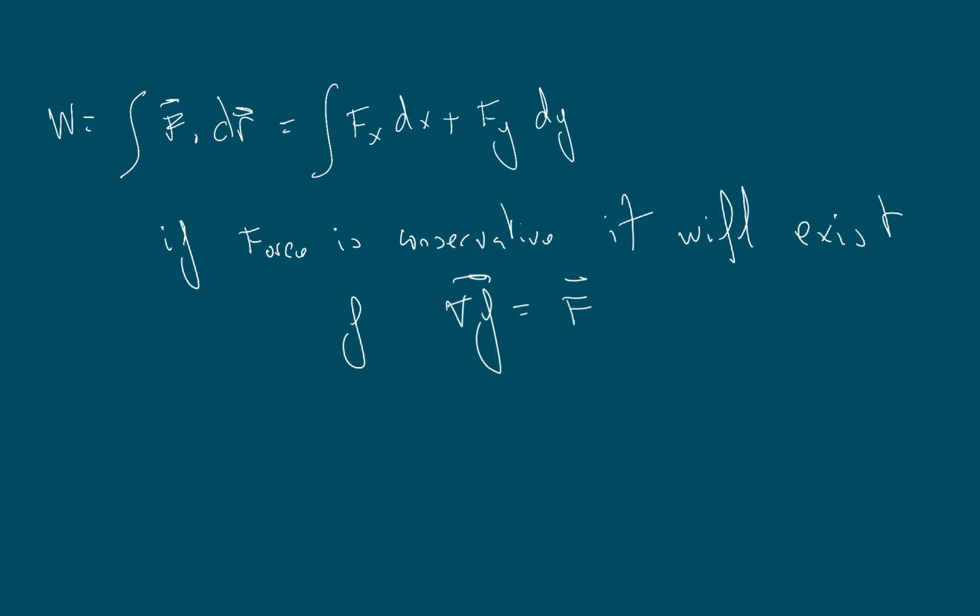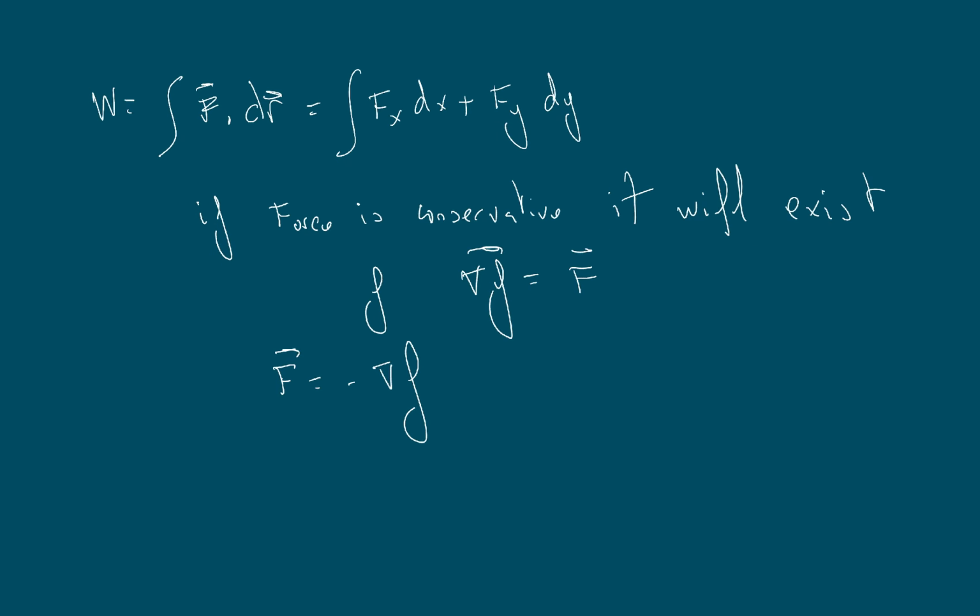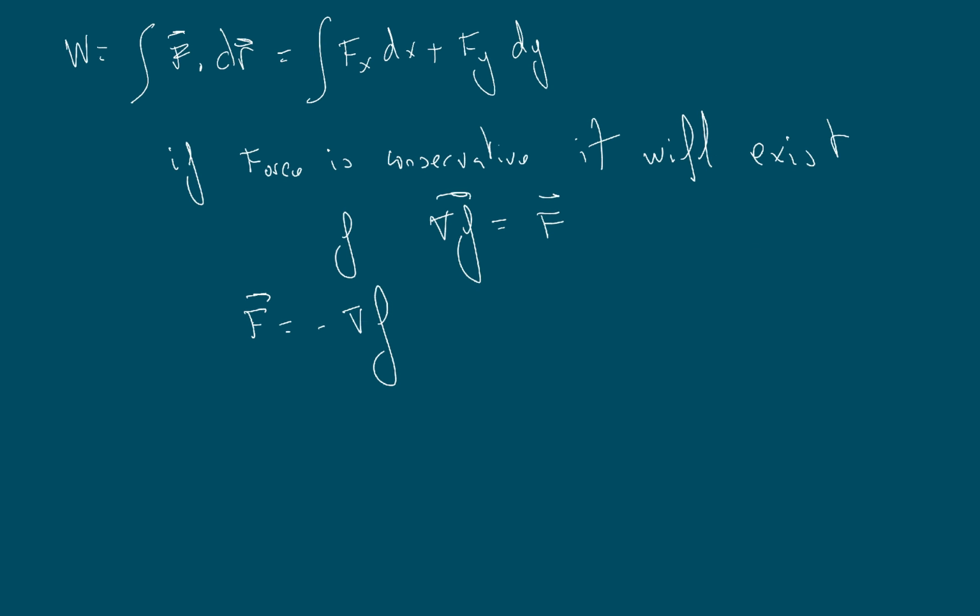So the gradient is pointing in the direction of maximum increase of the function. Now the force is pointing in the direction of maximum decrease of the function. That's why in physics we write F as minus the gradient of the potential. So let's see what this means.